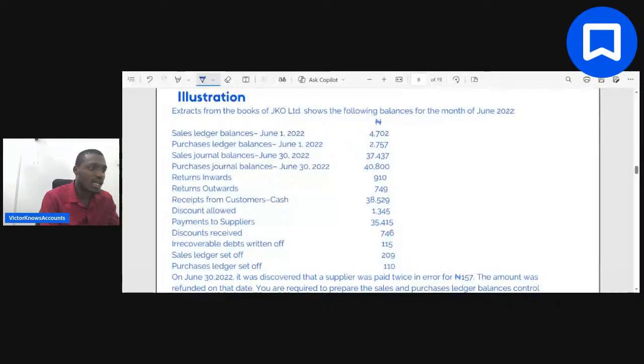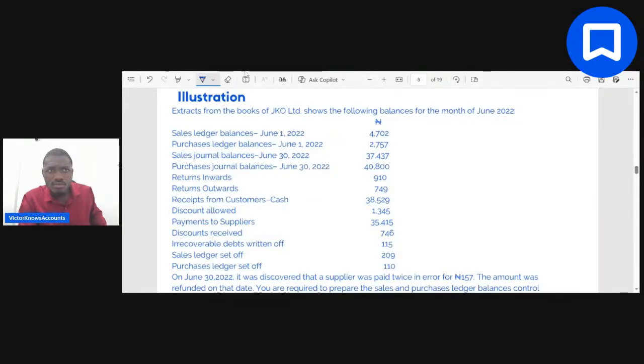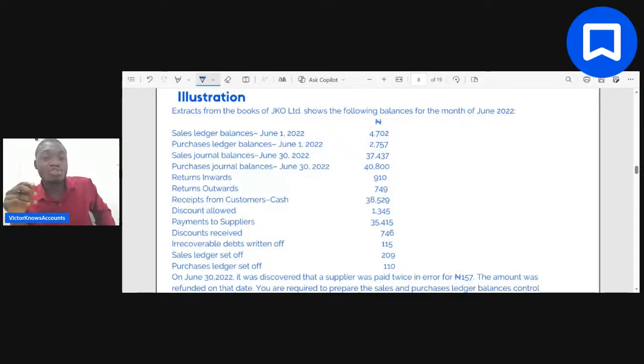Are we still together? So this is the opening balance. So we have opening balance for the sales ledger control account, and the opening balance for the purchase ledger control account. We have sales journal balances.